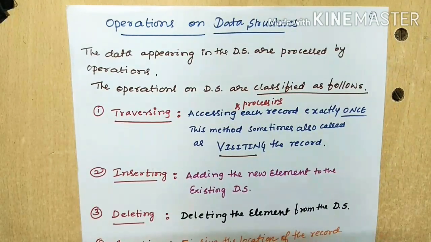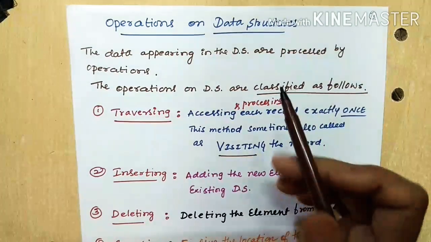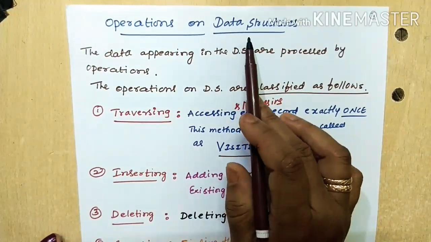In my last videos, I discussed data structure and its classification. There are two classifications, as I already discussed. One is primitive and the other is non-primitive data structure, along with the examples. Today, let us see the set of operations which we can perform on data structure.